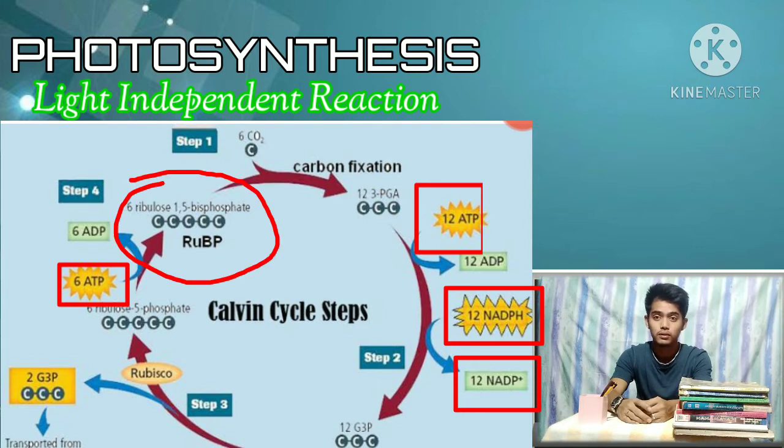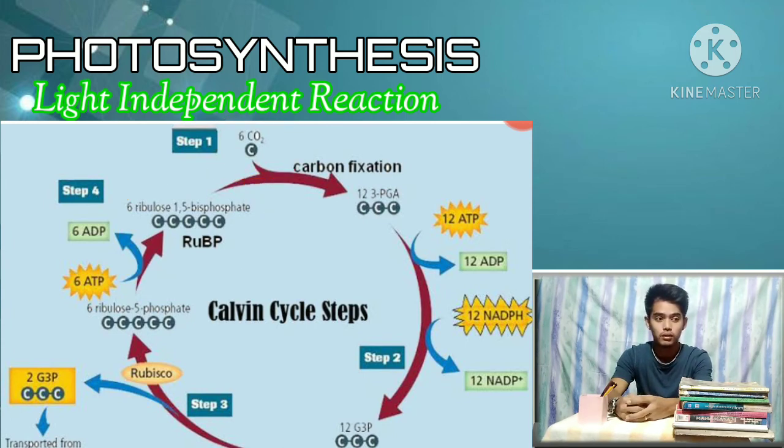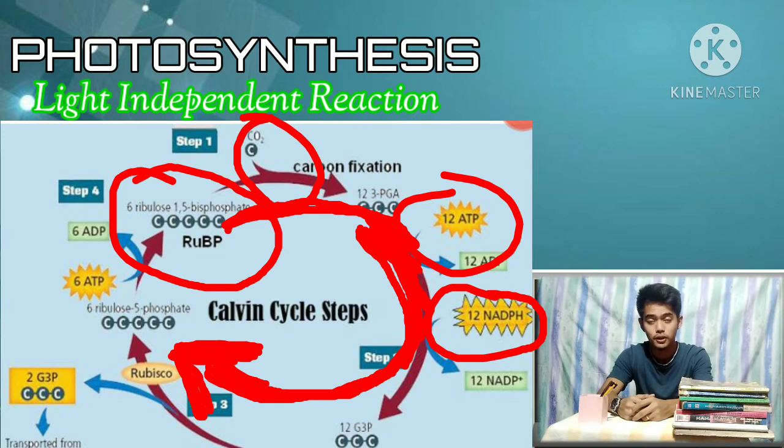The molecule here, ribulose diphosphate, has 5 carbons and 2 phosphates, and we have the input of carbon dioxide coming in from the stomata of the leaf, and through a couple of processes with enzymes, combining the ribulose diphosphate with 1 carbon molecule of carbon dioxide and breaking into 3-carbon molecules with the addition of ATP and NADPH.